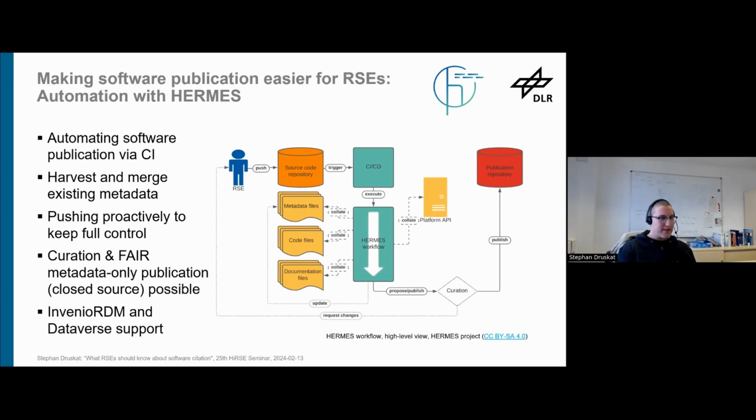In practice, this means whenever you have a pull request, or a merge request, with the metadata, you can merge that into the branch, and then the second part of the CI pipeline of the HiRSE workflow will run and publish the metadata and the artifacts, if you want to attach some, to the publication repository you've configured.